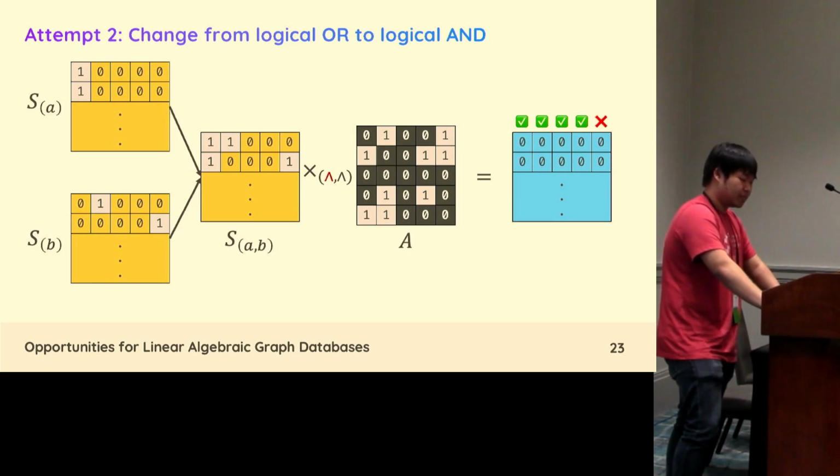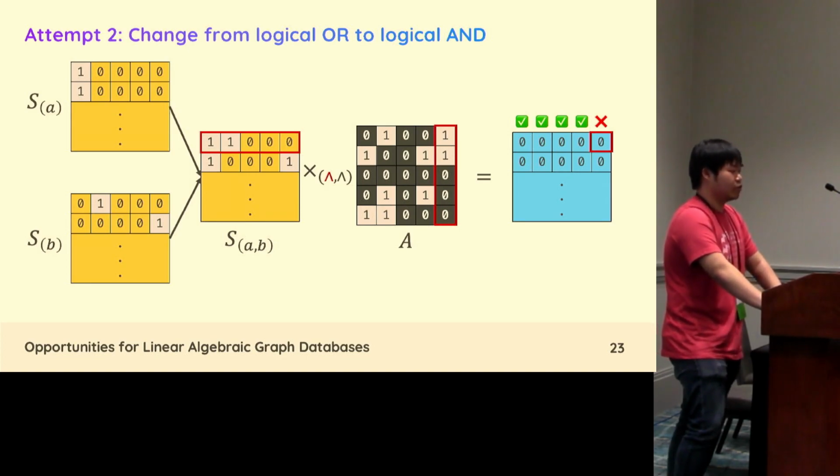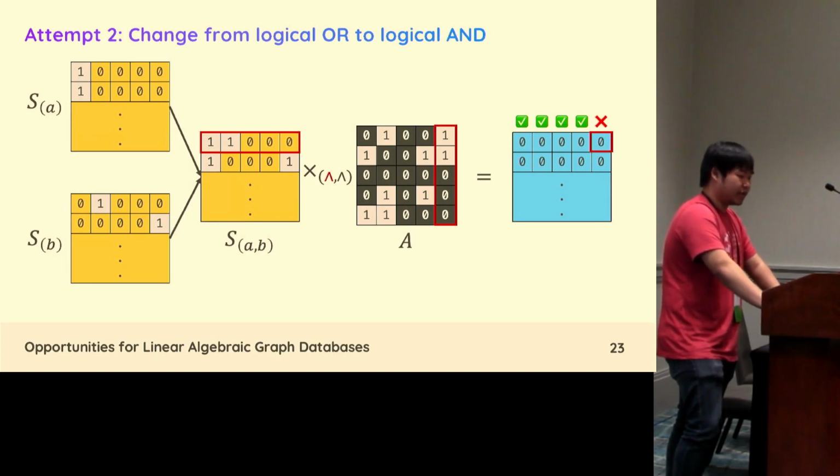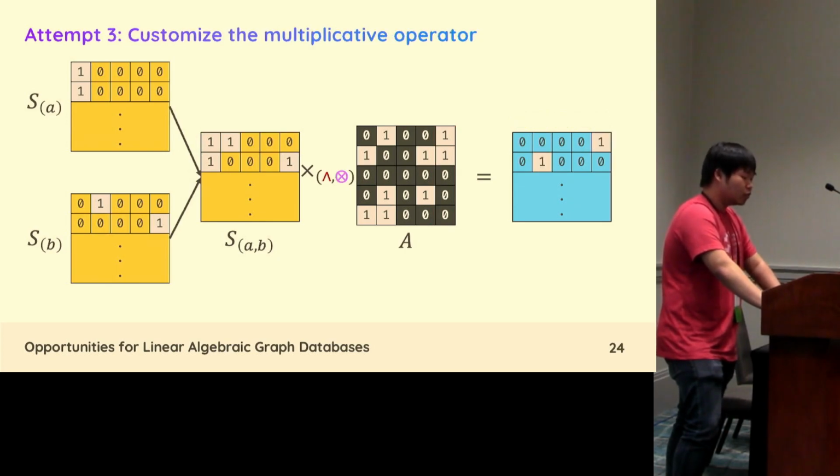And this is because in the last dot product here, the last 3 multiplications return zeros, in which these zeros will annihilate the first 2 multiplication results, which we don't want. So instead of using logical AND as our multiplication in the dot product, we define a new multiplicative operator.